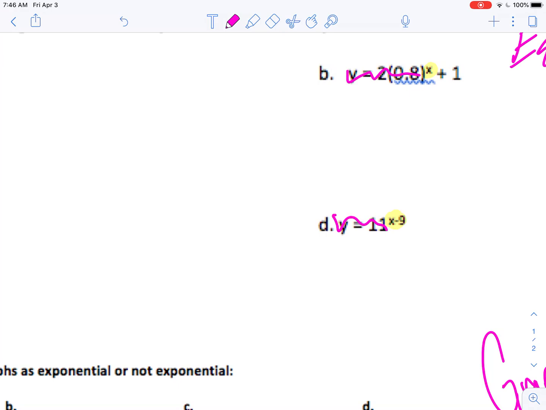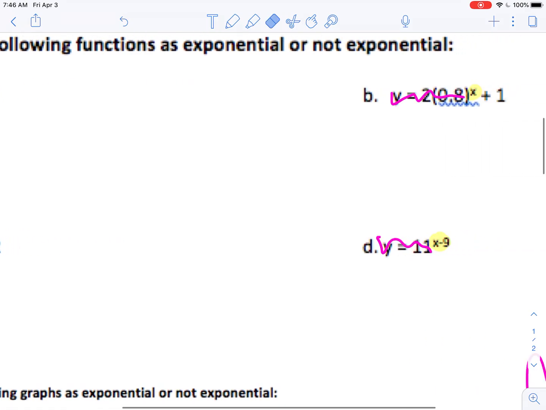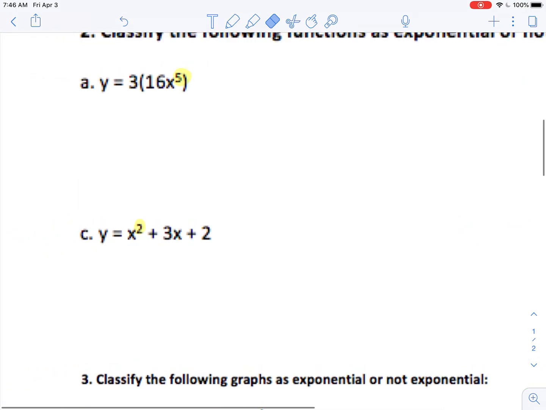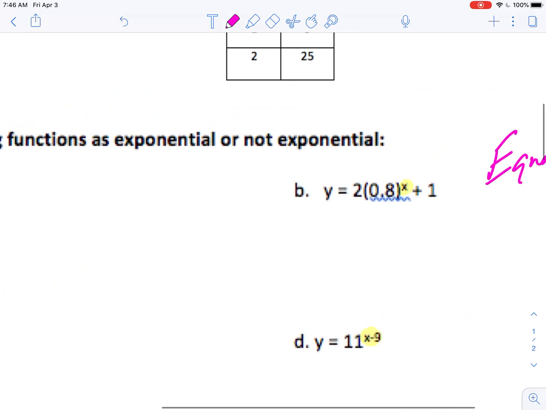So let's look at these exponents. Again, I'm really not even worried about anything else. Nothing else really matters in these equations. I don't need to worry about any other numbers or variables or whatever's going on. All I'm focused on is, in that exponent, do I have the variable x?